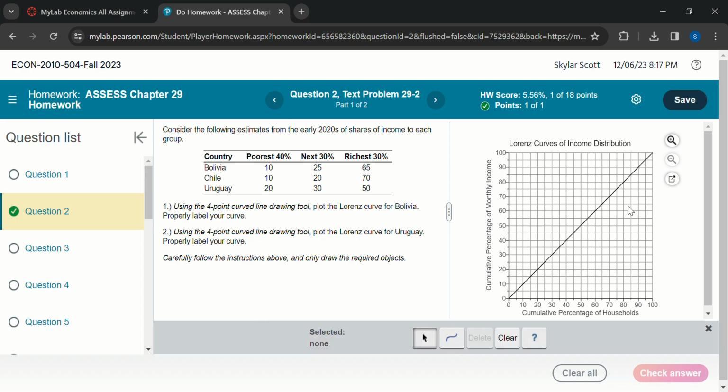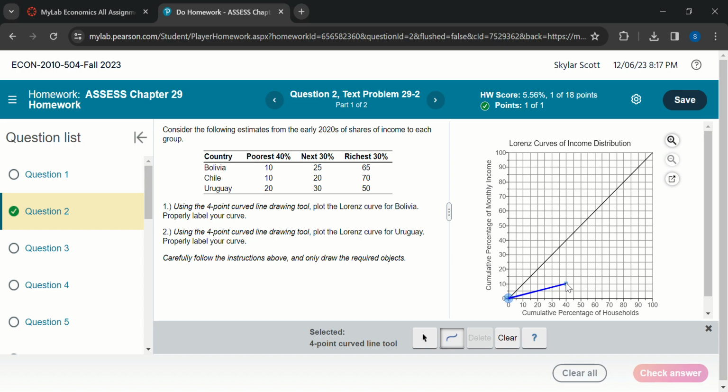Let's go ahead and get that graphed using our 4-point curved line drawing tool. We're going to start at our 0 axis at 0, 0, and then we're going to go up to the cumulative 40% of the household who control 10% of the wealth. We're going to draw our first line.